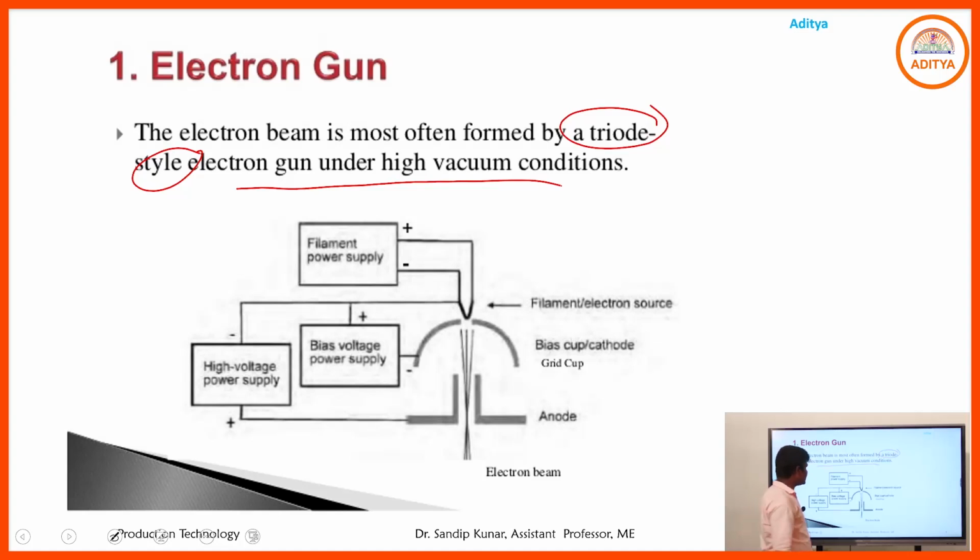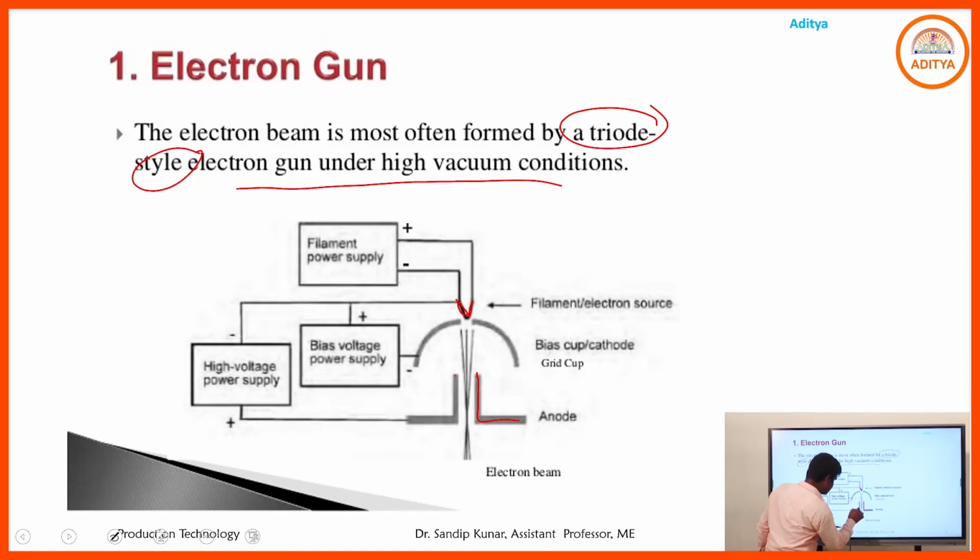First we see the filament unit, and to that particular filament unit we have applied one power supply. Then a high voltage power supply is also connected to the filament, and that is the anode part.